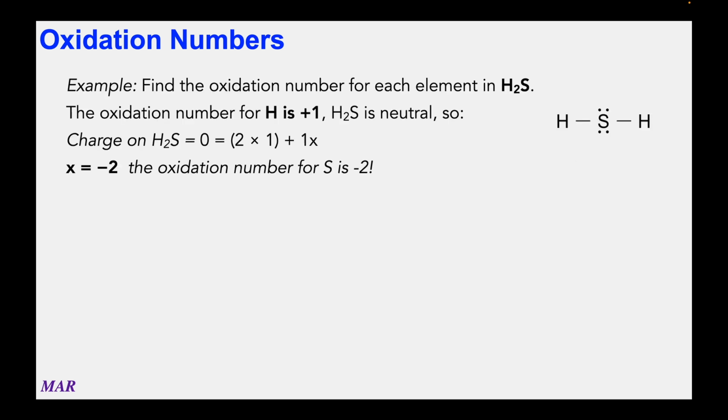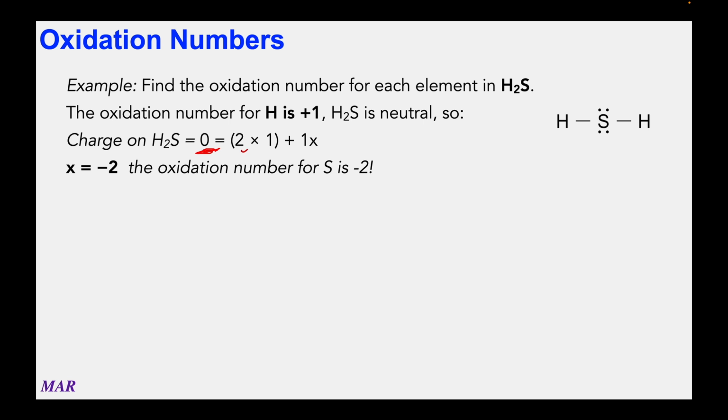For H2S, if you wanted to figure out the oxidation numbers, well, hydrogen's usually +1, and there's 2 of them. So sulfur is the one that would be a little weird to figure out. What you can do is that the overall molecule is neutral, so the overall molecule is not going to have a charge.